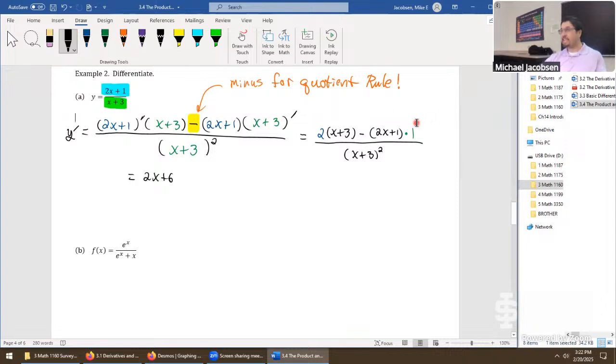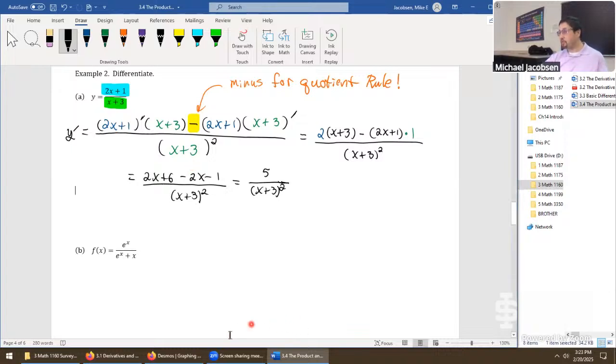That times 1 can be thought of as just not being there. It cancels, doesn't change anything. We're distributing in really a negative 1. So minus 2x minus 1. Down below is x plus 3 squared. Numerator, like terms, 2x minus 2x cancel, so we just get a 5. And we have x plus 3 squared down below.